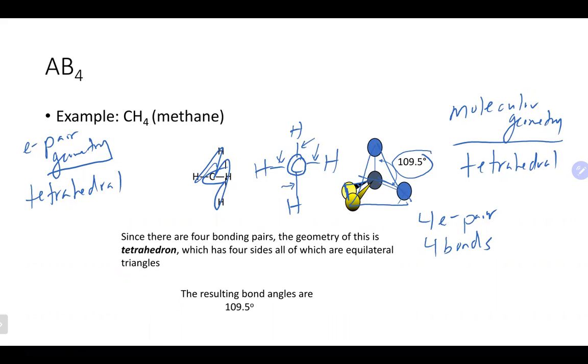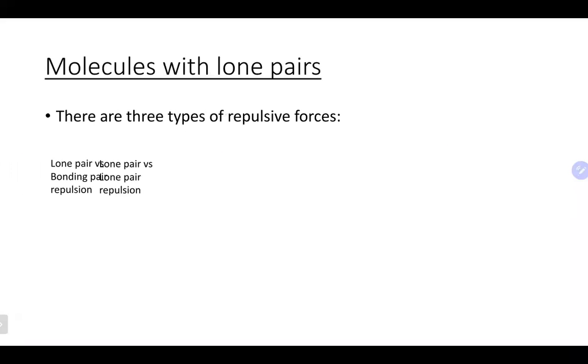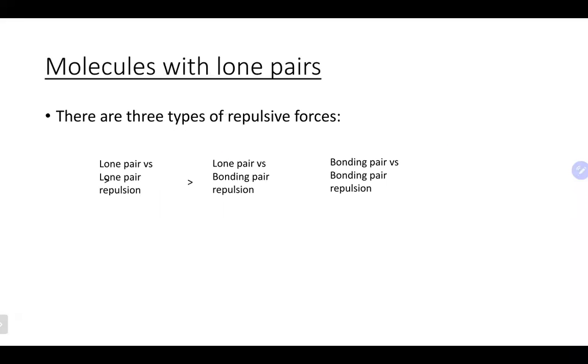So when do the names really change? The names really do change when we start introducing non-bonding electrons on the central atom, those dots on the central atom. And it's really because of the interactions that occur when that happens. They are electrons. So the best situation that you could have in terms of we will tolerate each other is what we just went through, bonding electrons near bonding electrons.